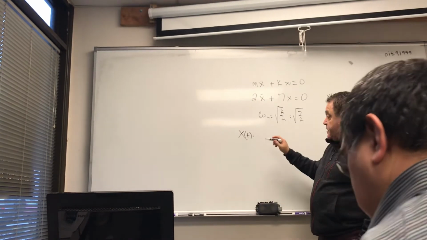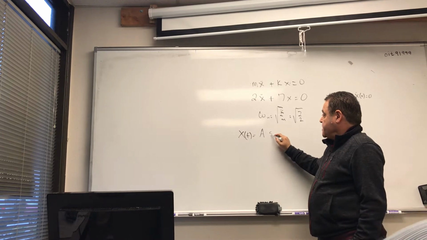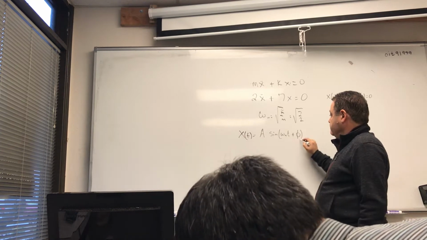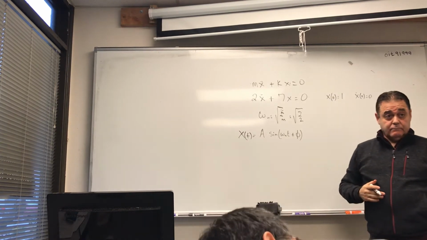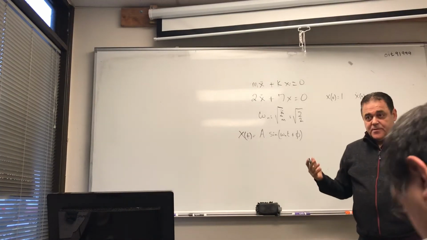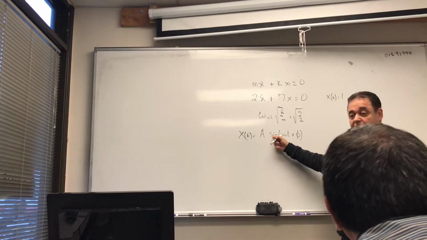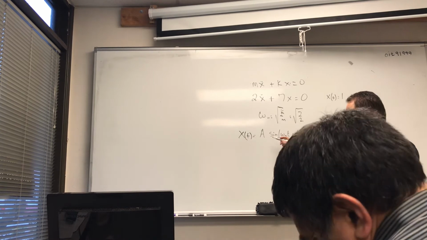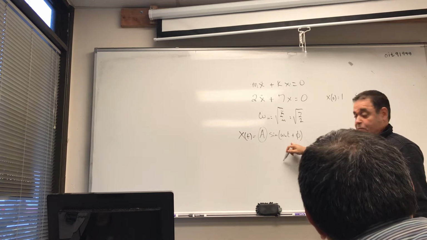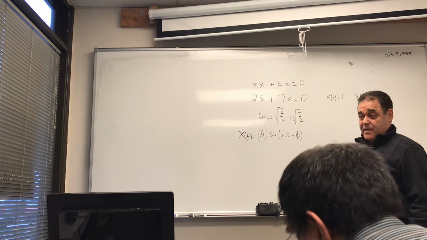One of you might write it as A sine(omega n t + phi). Somebody may use cosine; it doesn't matter as long as it's harmonic. But our goal now is to find A and phi, because omega n you already know.